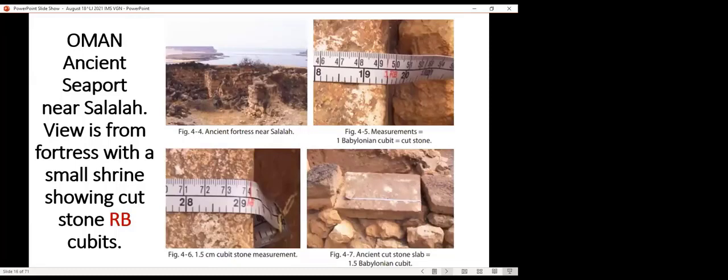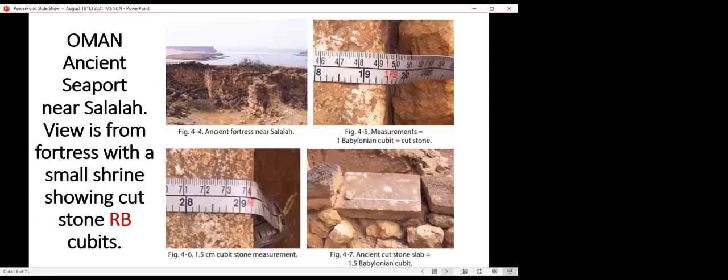Here on the coast, northeast of the capital of Salalah, is this large open sea bay with a citadel and a docking of ships next to the citadel, and then a small shrine in the north section of the citadel.